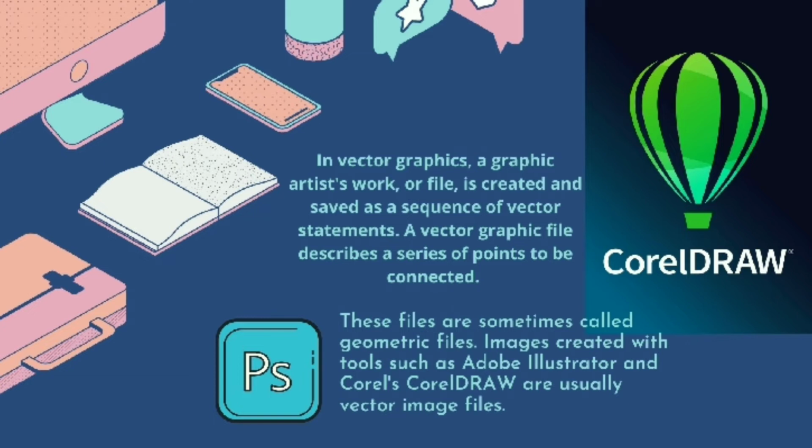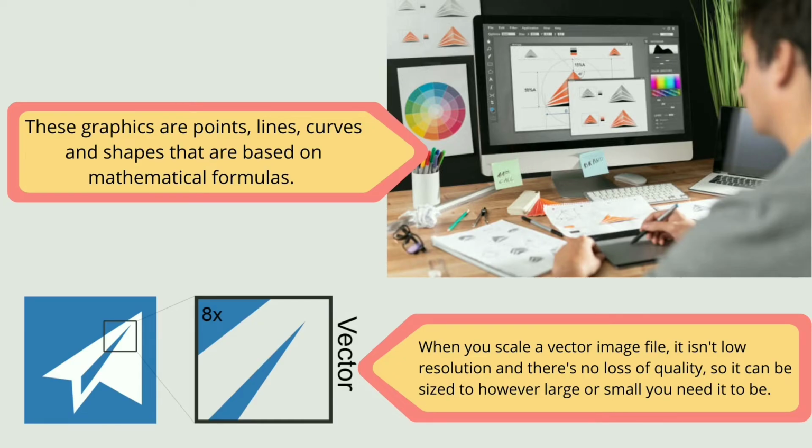Images created with tools such as Adobe Illustrator and CorelDRAW are usually vector images. These graphics are points, lines, curves, and shapes that are based on mathematical formulas. When you scale a vector image file, it isn't low resolution and there's no loss of quality, so it can be sized to however large or small you need it to be.